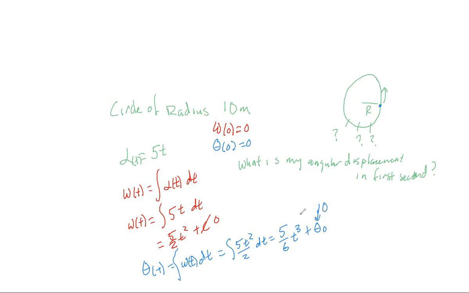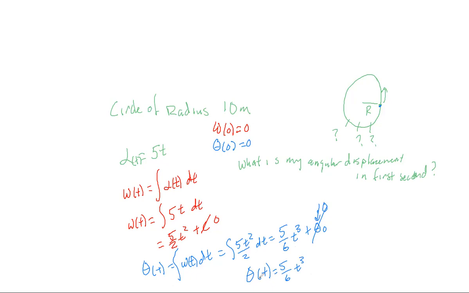But this is just 0 from above. And so I'll find that my theta of t is just 5/6 t to the third. Okay, so I have 5/6 t to the third, and I want to plug in 1 to this, and I want to plug in 0.